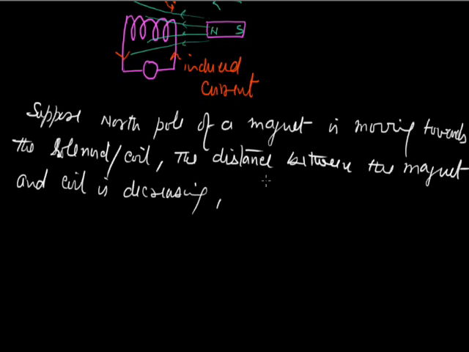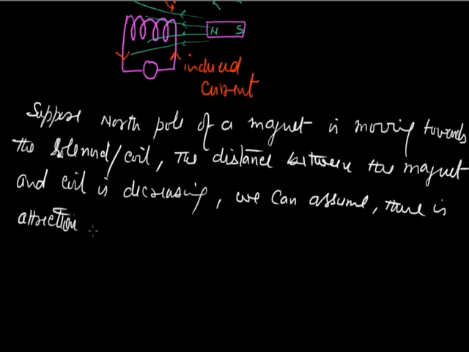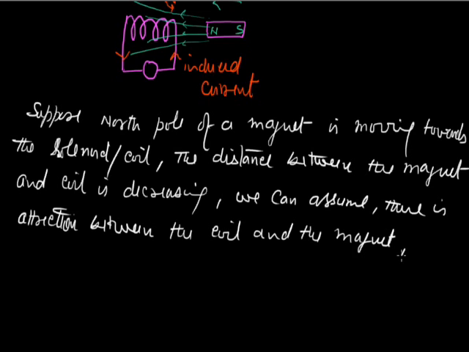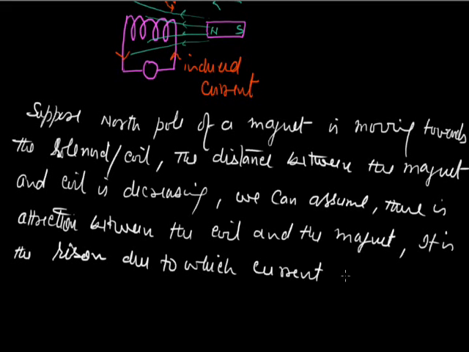We can assume that there is attraction between the coil or solenoid and the magnet. This is the reason due to which current will be induced in the solenoid.